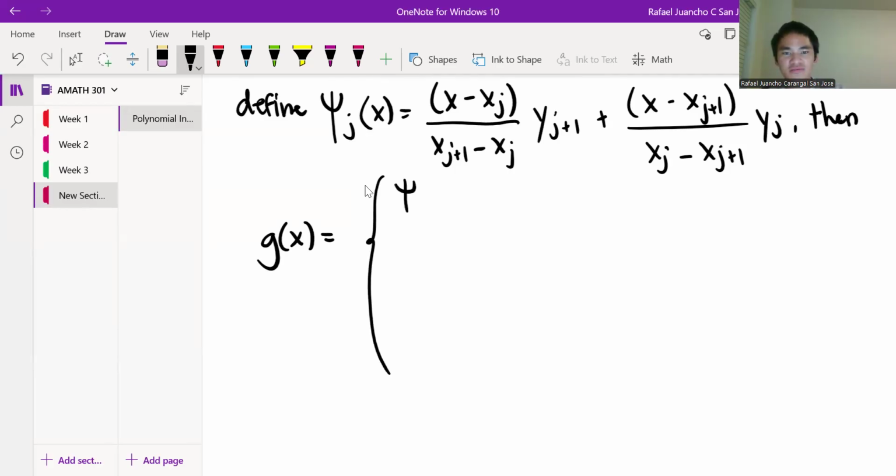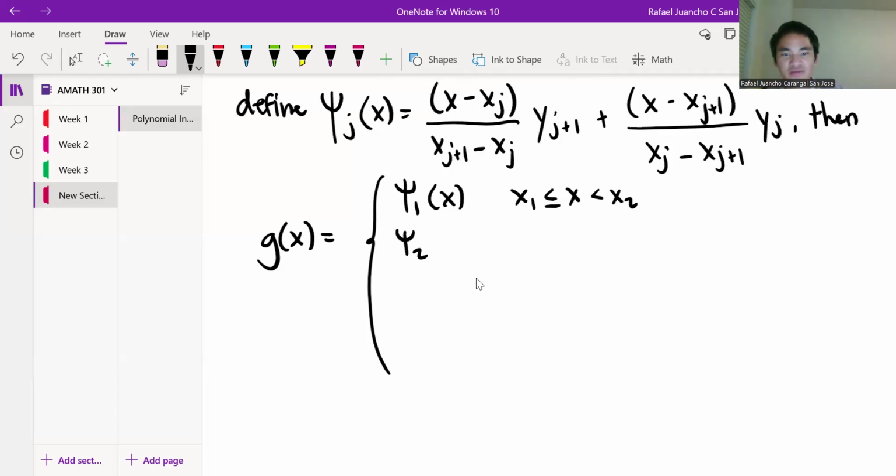So let's say that that's our function, right? That psi, let's say it's psi sub 1. Well, this is going to be specifically for x sub 1 inclusive, where we're going to find an x in between x sub 1 and x sub 2. So we can do that.